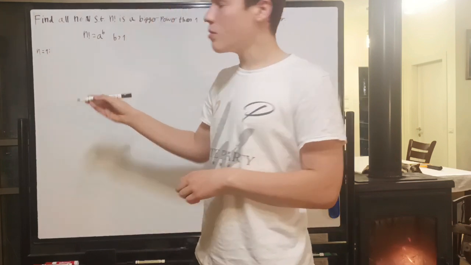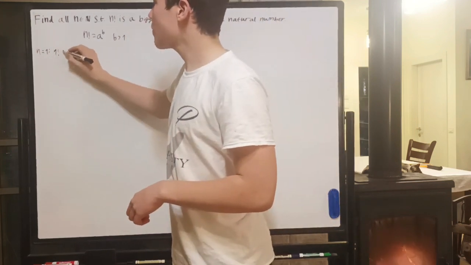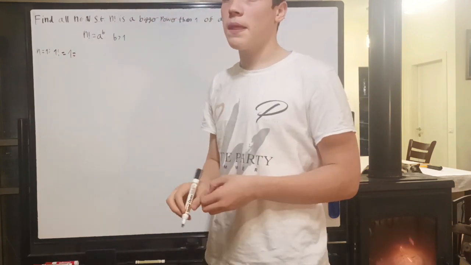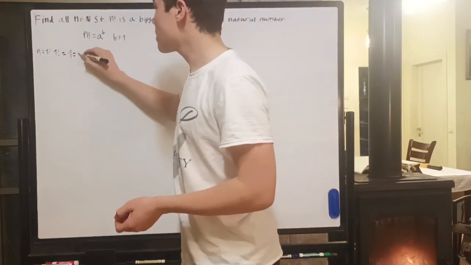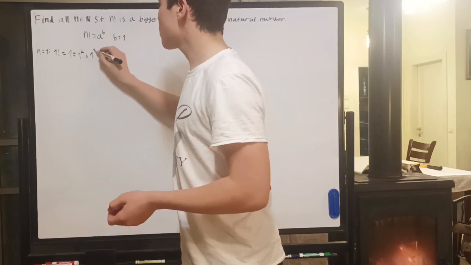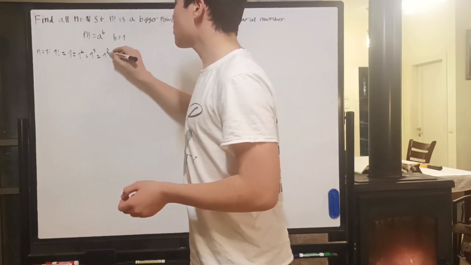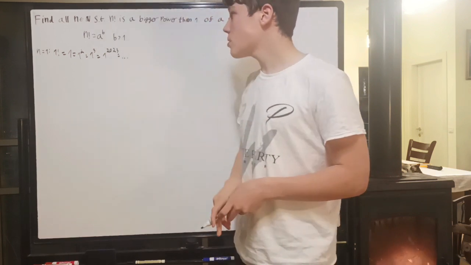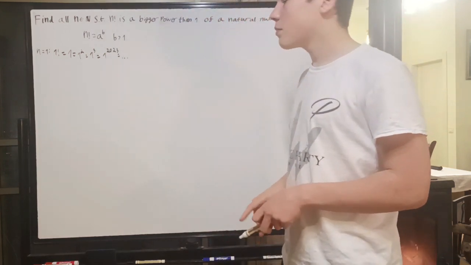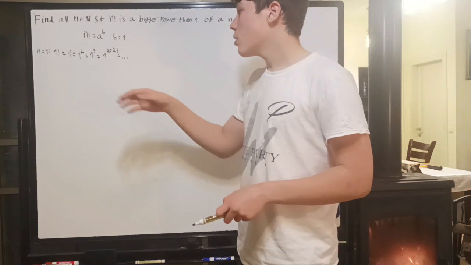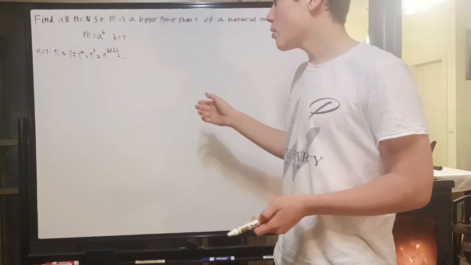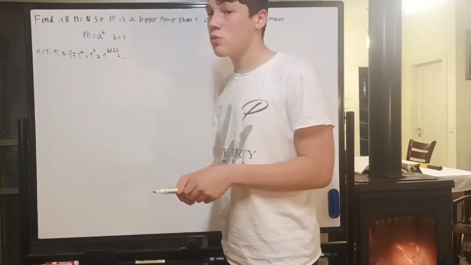This is obviously true because 1 factorial is 1, and 1 can be written in an infinite number of ways as a power. It's 1 squared, 1 cubed, 1 to the 2023, whatever you want. So n equals 1 works.